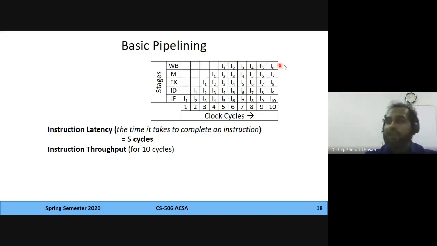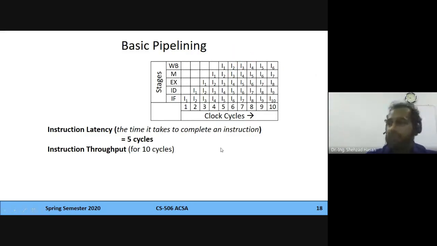So you're completing one instruction per cycle, except the first one, which is taking more time, right? So latency has not changed, but the servicing has changed. You are finishing one job per cycle, and this is the throughput.